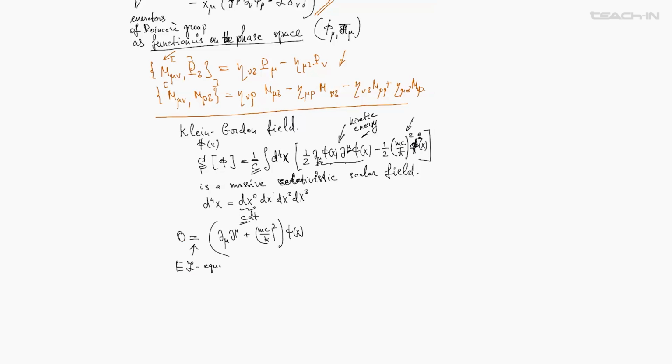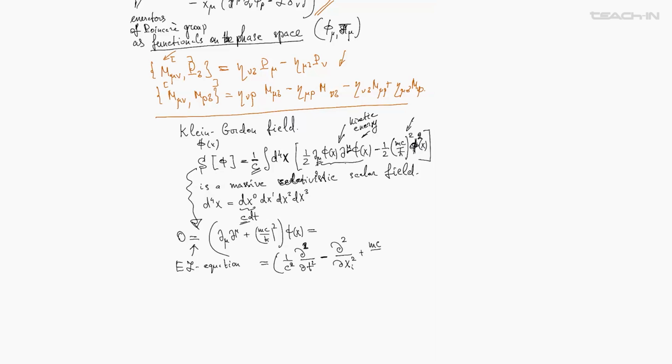And if you wish, you can rewrite it more explicitly by taking mu first to be 0, which gives you the term 1 over c squared times the second derivative in time. Then the indices mu equal 1, 2, 3 will produce, according to the Minkowski metric, the second derivative with respect to x_i squared, and then there is a mass term (mc/ħ)² acting on phi of x.